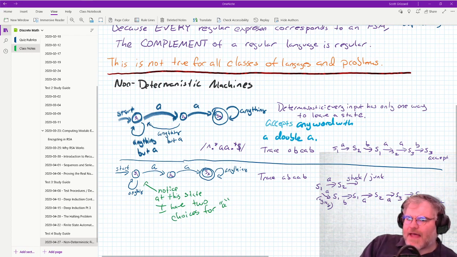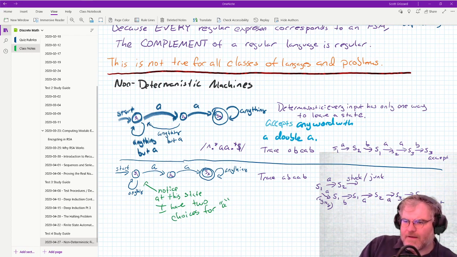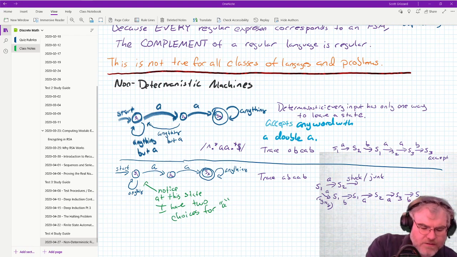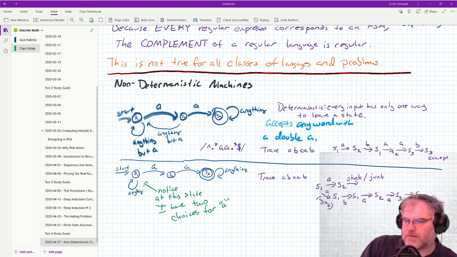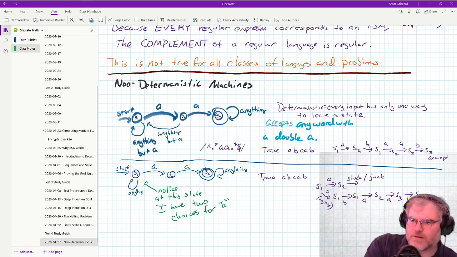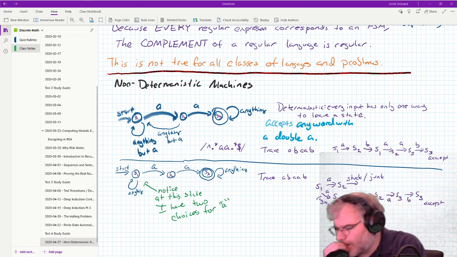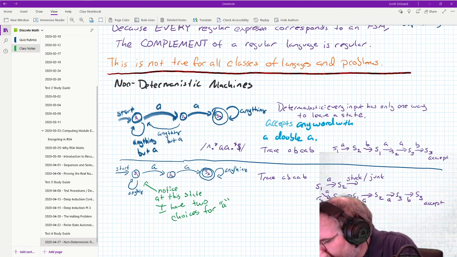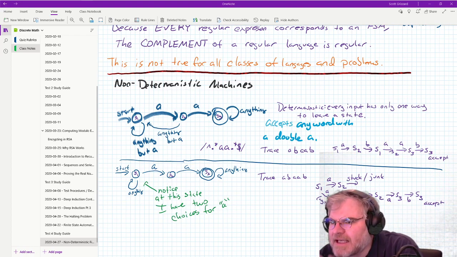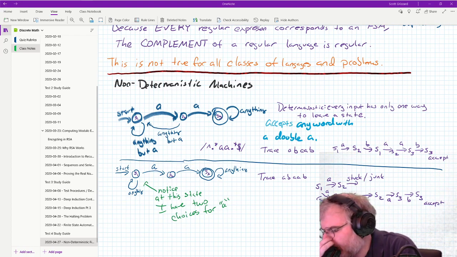How do you feel about that, 1 to 5? And the key here is that they accept the same thing.